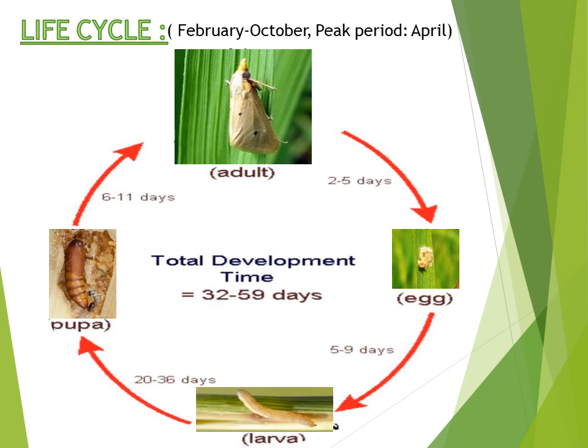Then pupation occurs inside the larval tunnel, and the pupa is brown in color and obtect in type, where all the body appendages are firmly attached to the pupal body. Pupation lasts around 6 to 10 days.